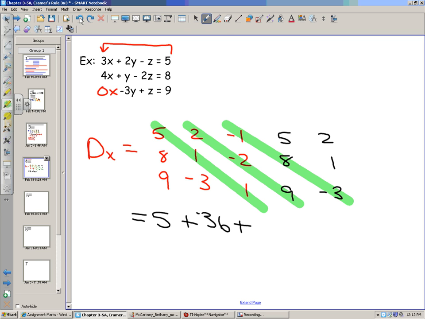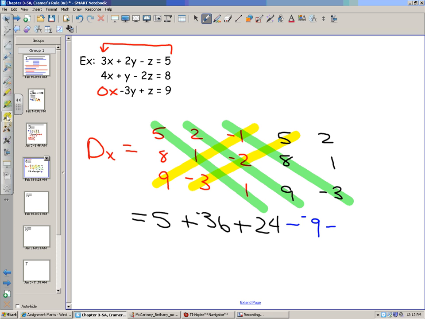Now what operation do we do? Subtract. Good. Now I'm subtracting off 1, 9, 1, negative 9. Subtracting off the next one.